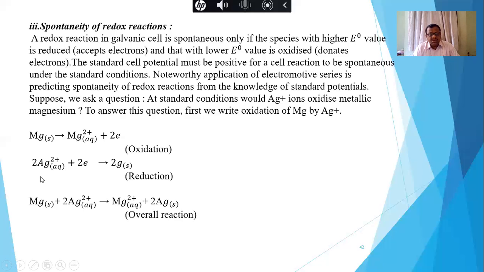Ag plus accepts the electrons and gets reduced to Ag. So, the overall reaction is as follows: Mg plus 2Ag plus gives Mg2 plus plus 2Ag.